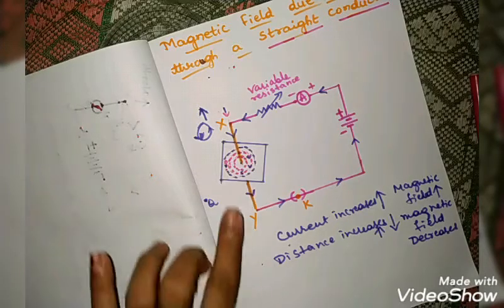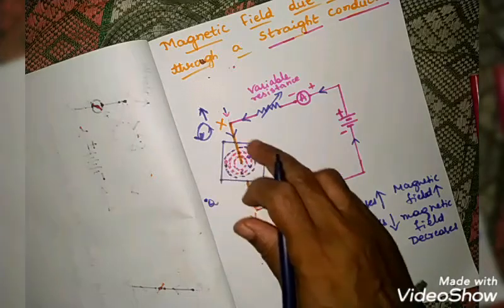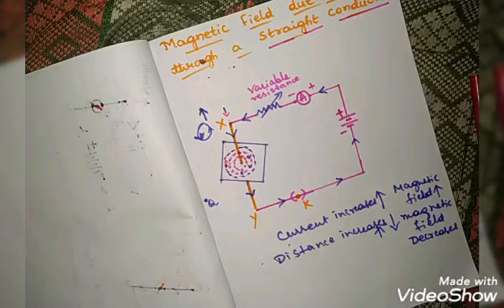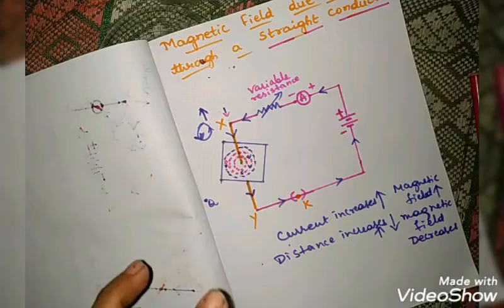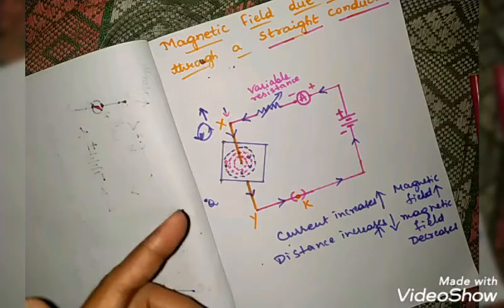The concentric circles formed here represent the magnetic field around a current carrying straight conductor. They represent the direction of the pattern of the magnetic field around the straight current carrying conductor. But the concentric circles become larger and larger as we move away from it.